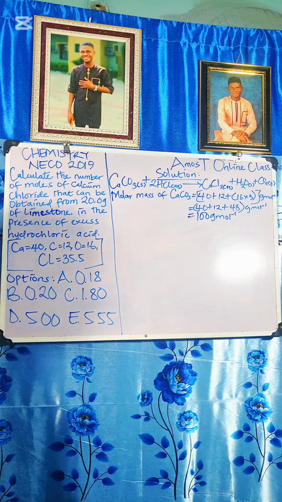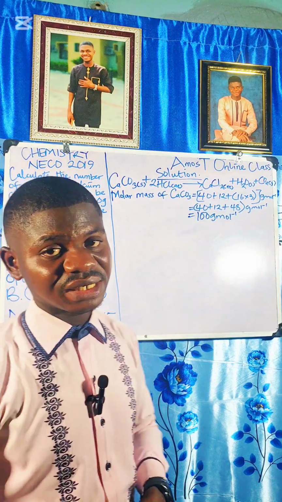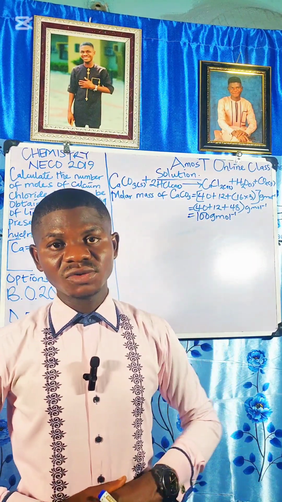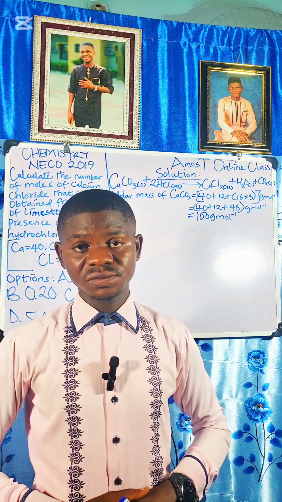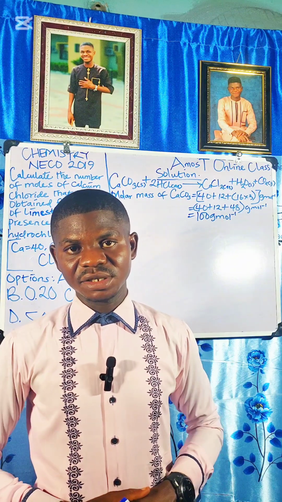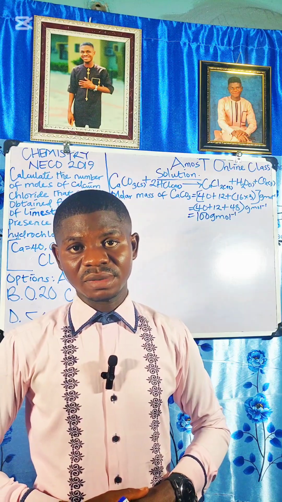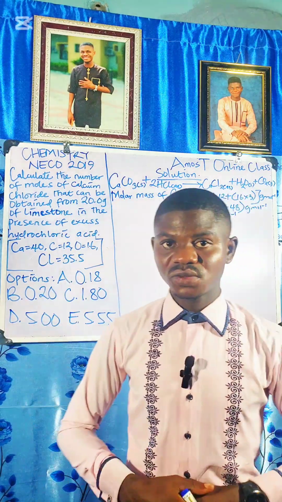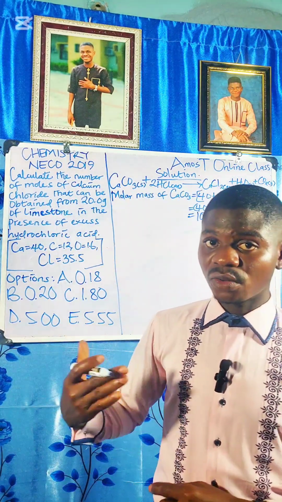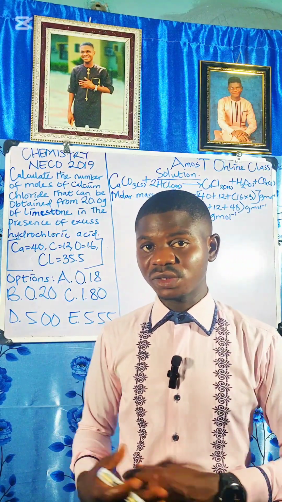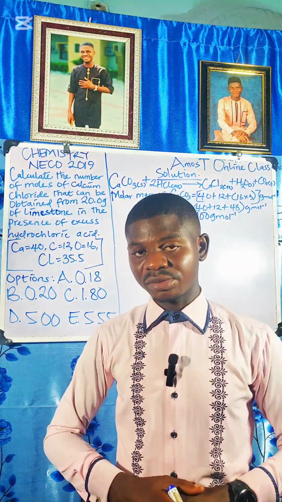Now the next thing is to find the number of moles of limestone. And how do we find the number of moles of limestone? In our previous videos, I had established that number of mole is equal to mass divided by the molar mass. So the mass of limestone from this question is 20.0 gram. We're going to divide it by the molar mass of limestone, which we have seen to be 100 gram per mole.